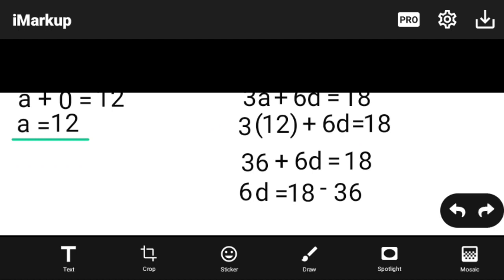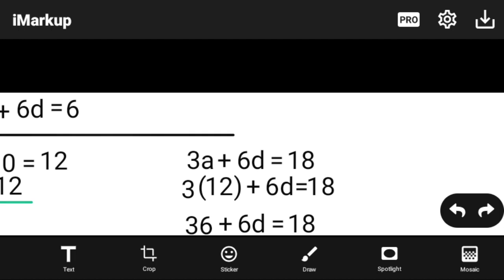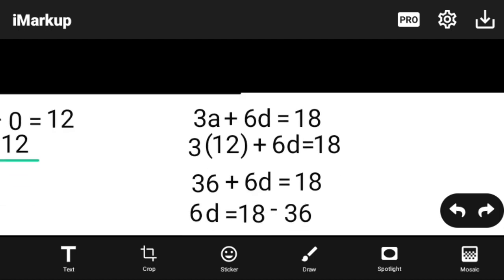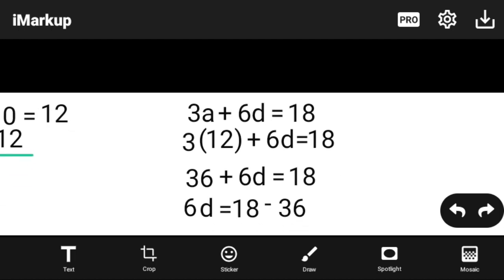Then from there now, we'll say 6d is equal to, when you subtract 18 minus 36, that is negative 18. Then from there now, you need to divide both sides by 6 for you to get the value for d.